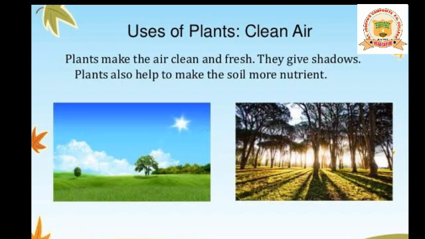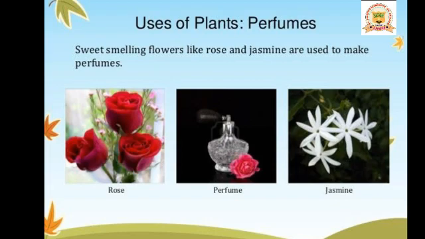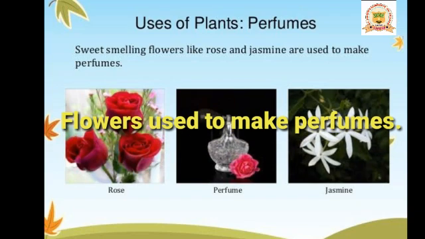Plants also make the soil very nutritious. Next one, some plants have a very good smell. For example, rose, jasmine. So these plants are used in the preparation of perfumes. The plants which have a very good smell or fragrance, their flowers are used in perfumes.